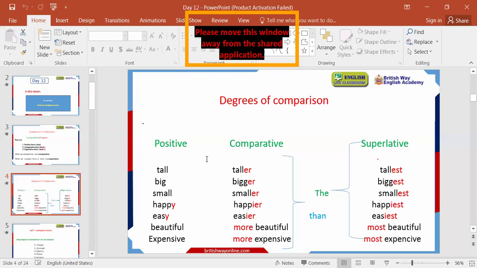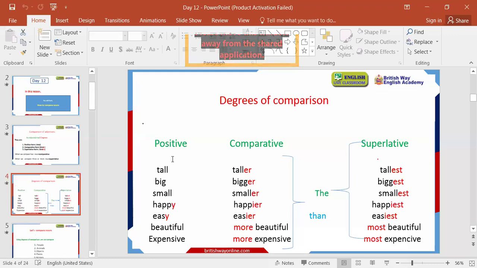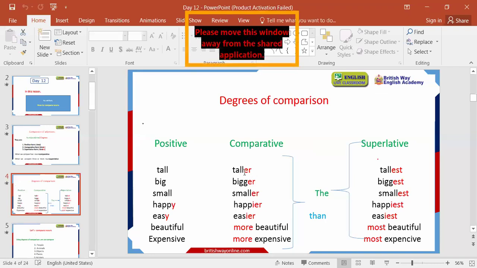Positive form means the normal adjective that we know. Tall, big, small, happy, easy, beautiful, expensive, those things. So if you want to make their comparative form, for 1 syllable adjectives we can add er.